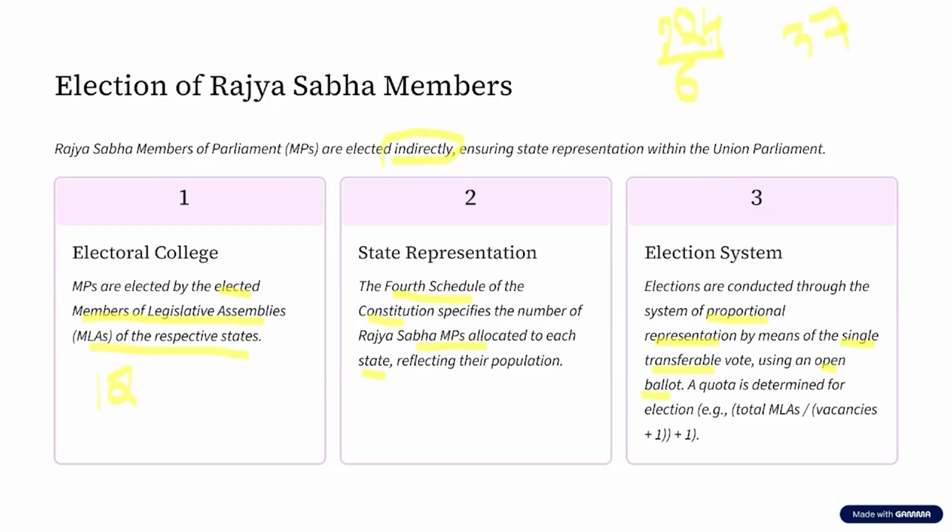Now, until 1998, the secret ballot system itself was practiced. But what happened in the 1998 Rajya Sabha elections in Maharashtra is that there were six seats vacant.